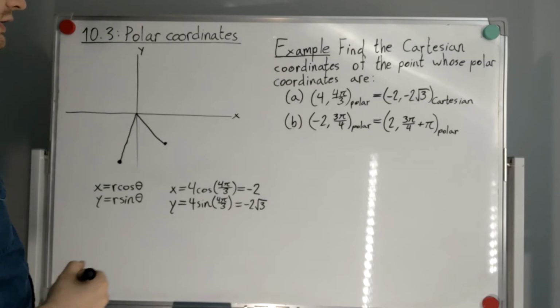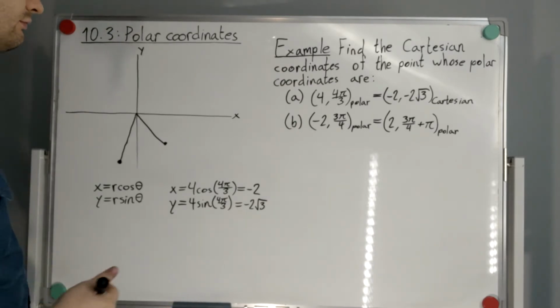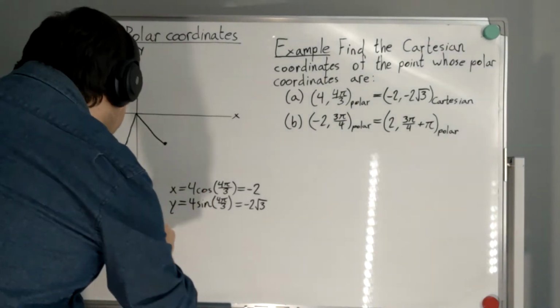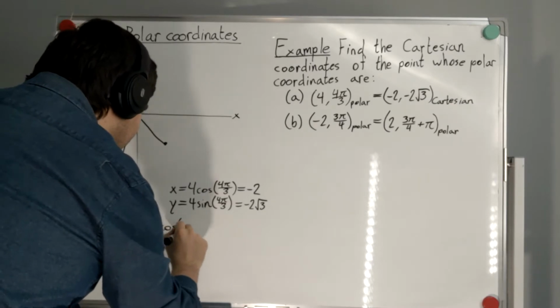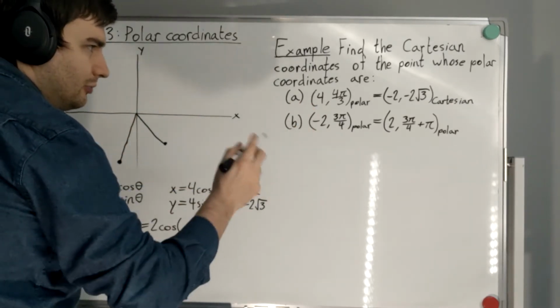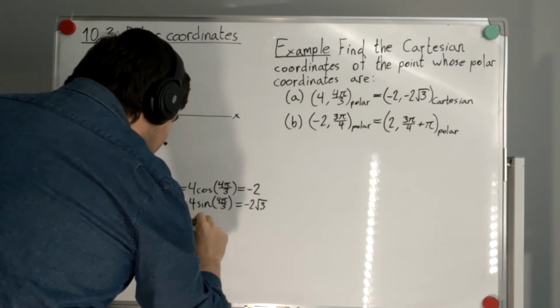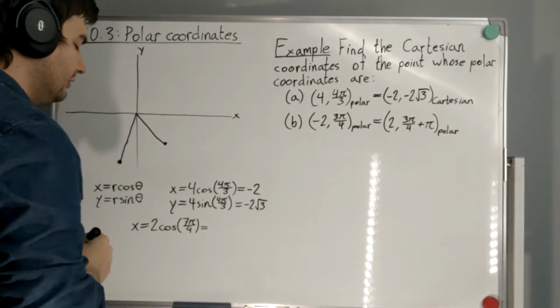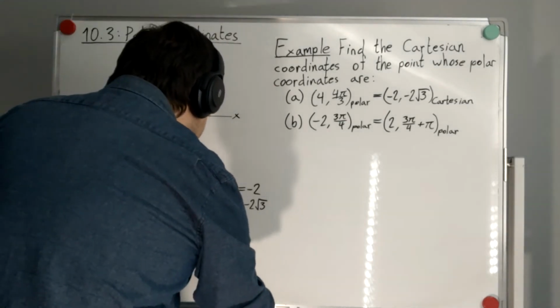Again, if you want to find the x and y coordinates, you just need to take the cosine and sine. So x is going to be 2 times the cosine of 3 pi over 4 plus pi, which by the way is 7 pi over 4. Cosine of 7 pi over 4 is root 2 over 2, so this is just root 2.